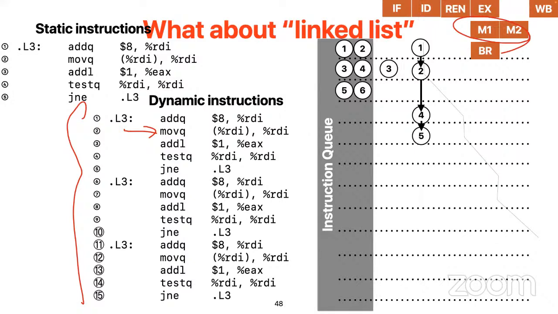6. I guess it can only be executed after 5 is done, or, well, actually 5 is not generating anything, right? And we assume the branch predictor is perfect. I see.